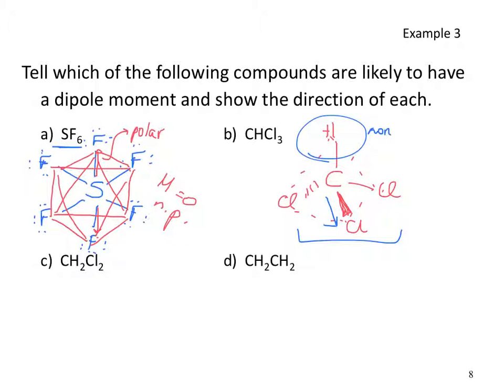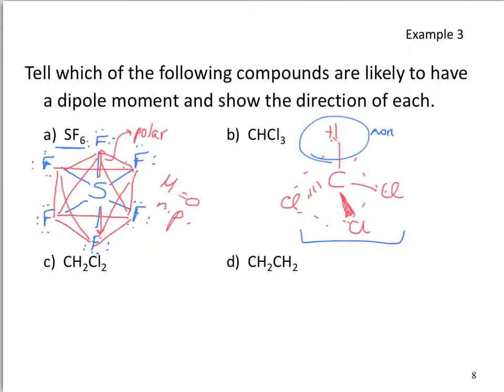And the net polarity is going to be essentially in a direction which is the resultant of the three vectors. So it will be a downward pull. Okay, and so this will have a mu, finite mu.